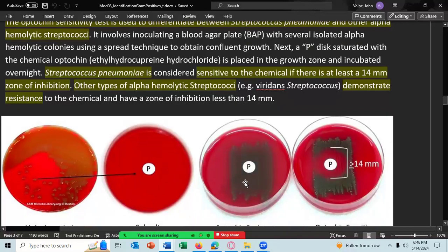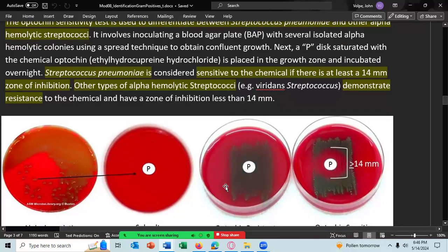If the bacteria is not sensitive to optochin, then it is not Streptococcus pneumoniae. So it is some other form of Streptococcus, which is alpha hemolytic.